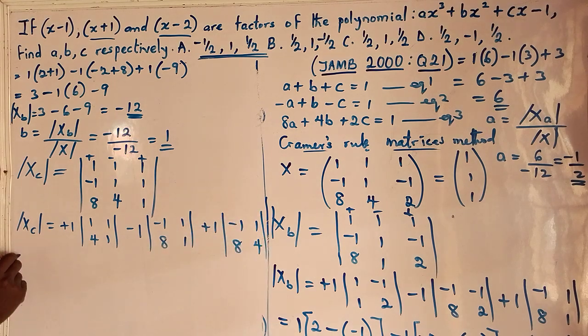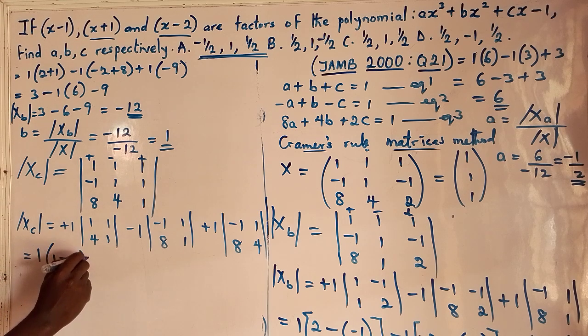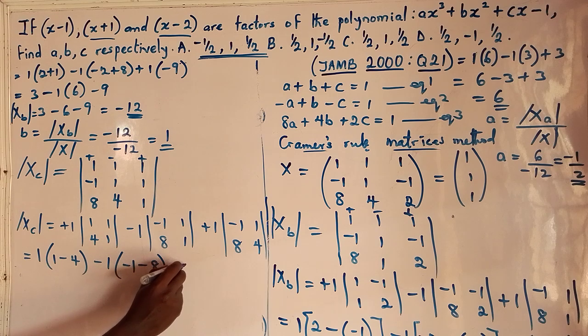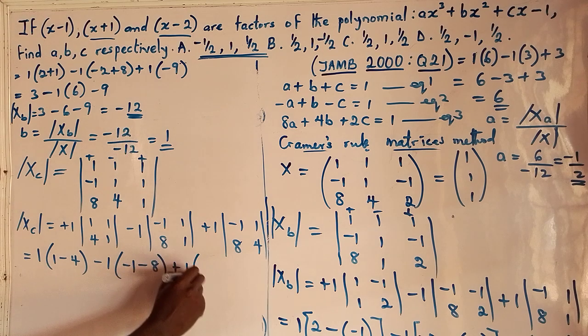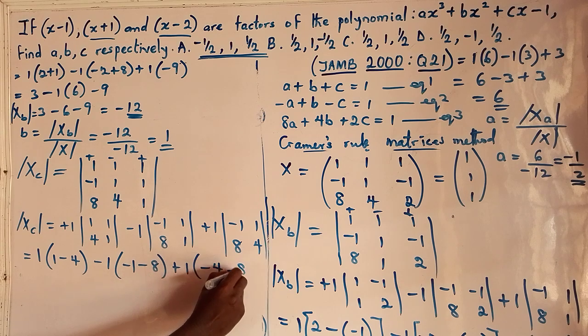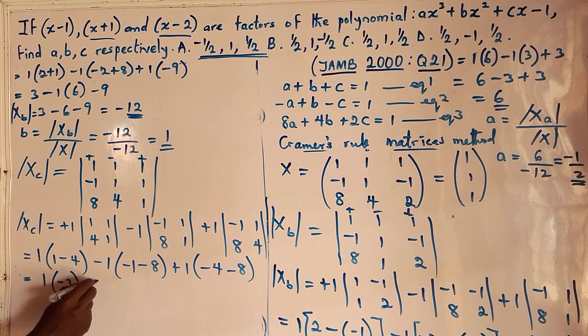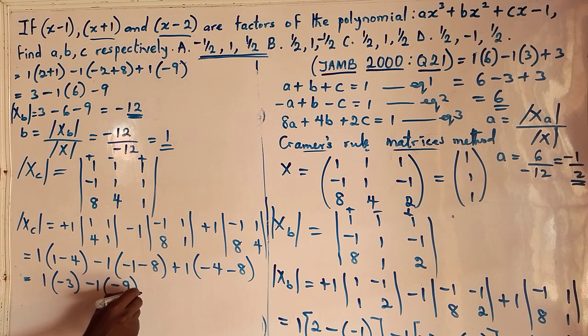So what do we now have next? We have 1 open bracket 1 minus 4, minus 1 open bracket minus 1 minus 8, plus 1 open bracket minus 4 minus 8. So this gives us 1 into bracket minus 3, minus 1 into bracket minus 9, plus 1 into bracket minus 12.